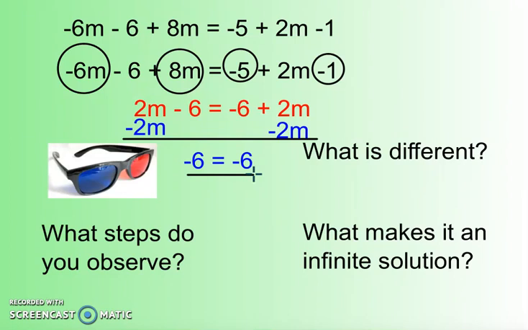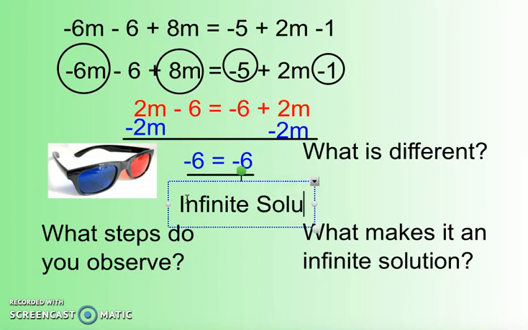The variables have disappeared because they canceled each other out, but negative 6 is equal to negative 6. So this is not referred to as a no solution. This is referred to as infinite solutions. There's an infinite number of solutions to make this true.